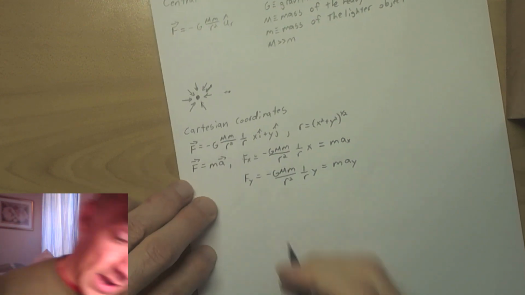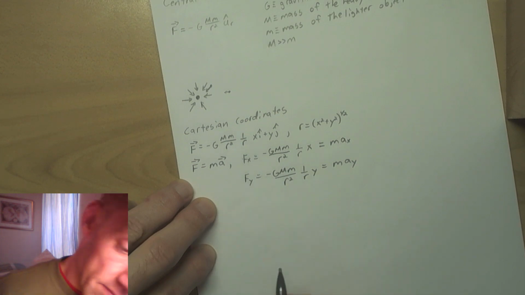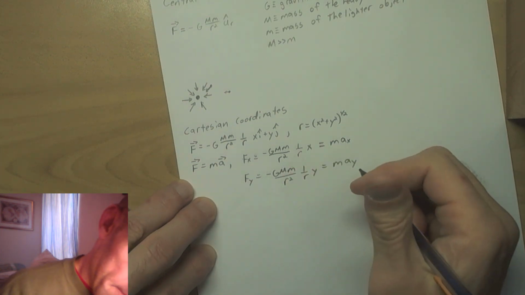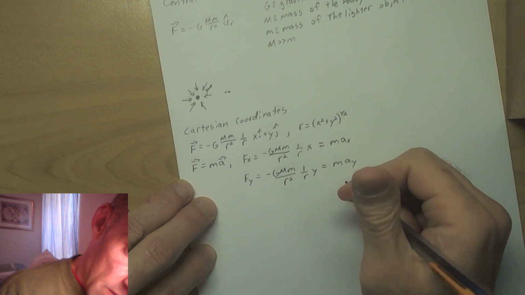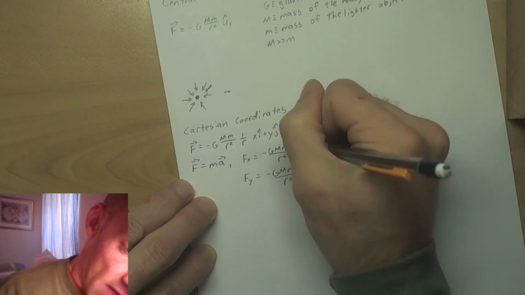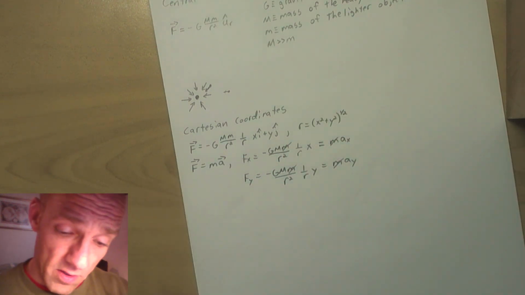Then I can expand that out. If I plug this in here, the first thing I can do is cancel the mass from both sides in both cases.